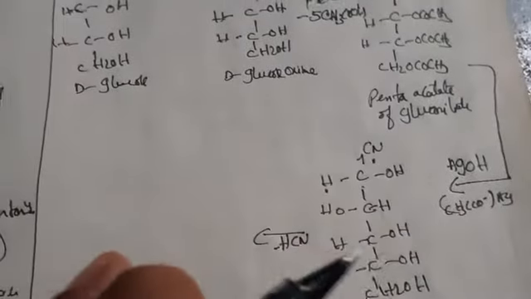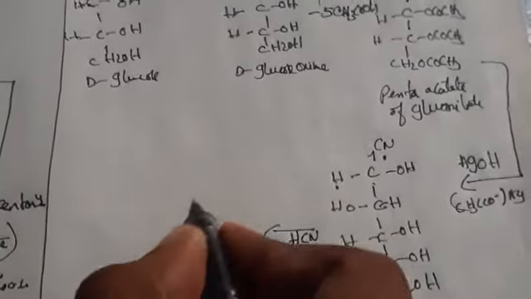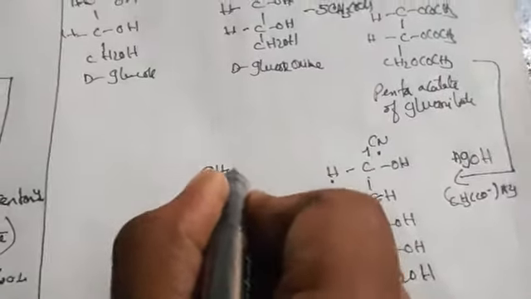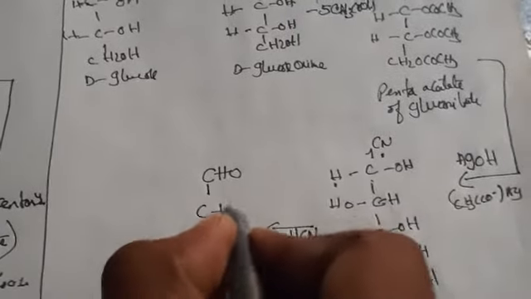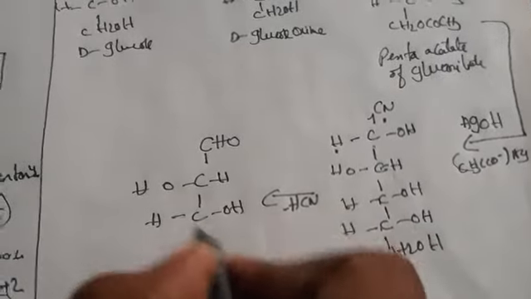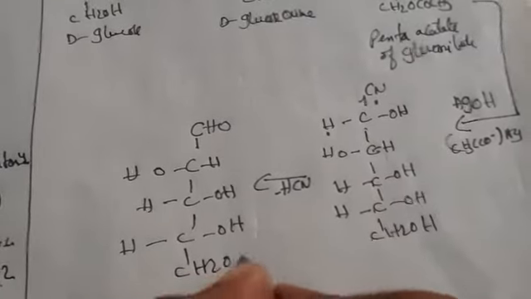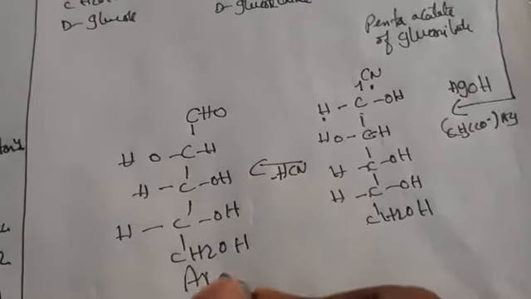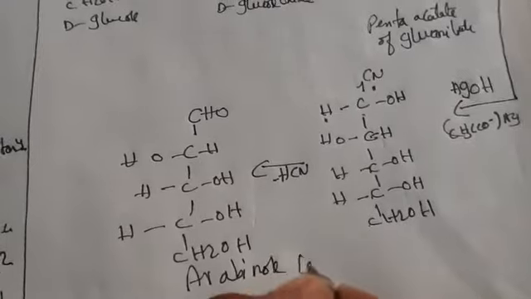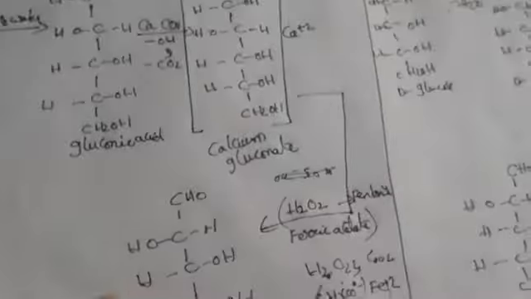When we remove HCN, automatically an aldehyde group forms: H, OH, OH, H, OH, H, CH2OH, arabinose or aldopentose. See here, we have taken glucose and it is forming an aldopentose. This is one method.